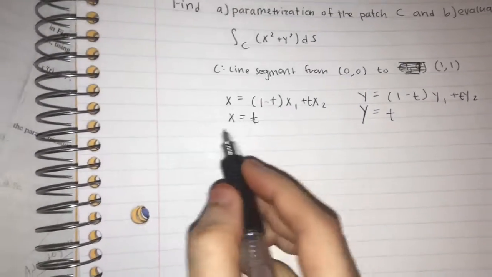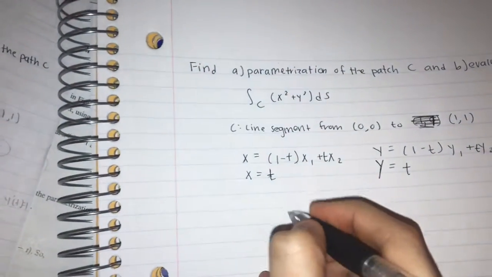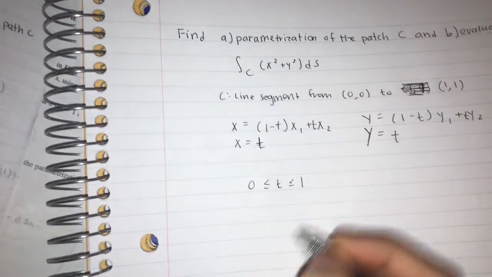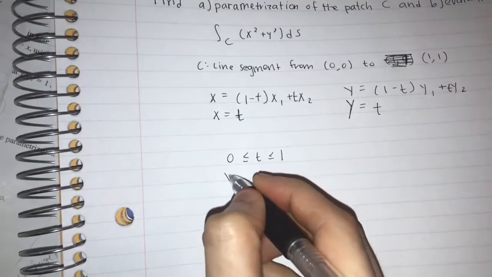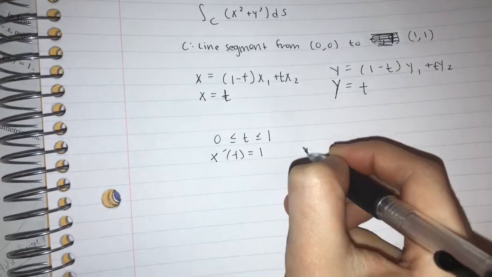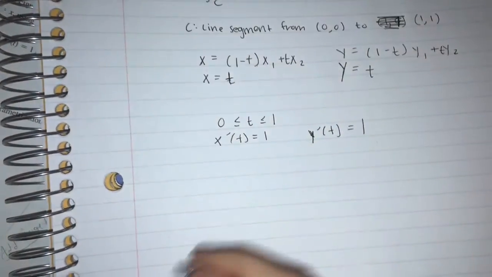Now that you have your parameters, you just have to find your bounds. So t goes from 0 to 1, and you have to find your derivatives. x prime of t equals 1, y prime of t equals 1 as well.